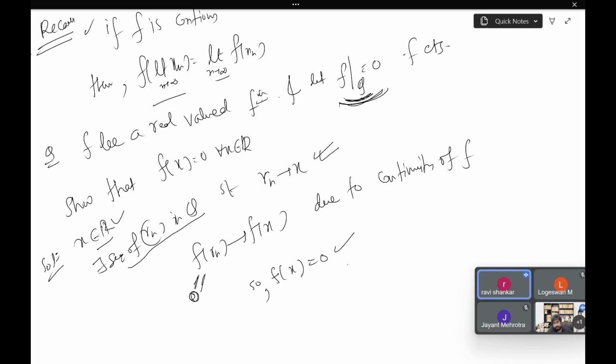Sir, this is zero at each and every x point? Yes, f of x is zero at each and every value of x. Obviously, we first choose a point x and then show that f is zero there. Since x is arbitrary, f is zero for any x. Yes, sir. Okay.